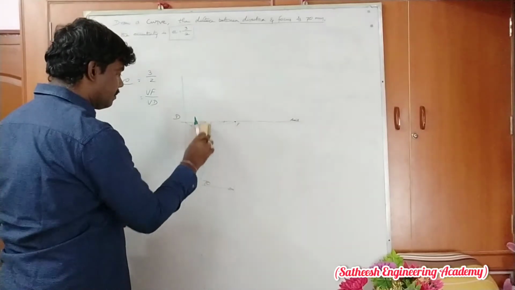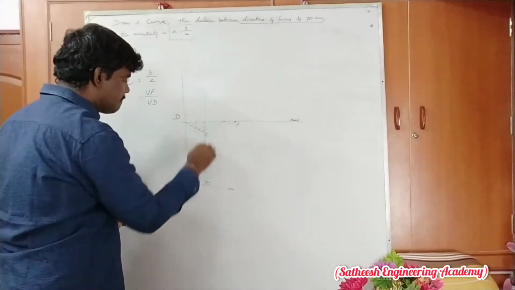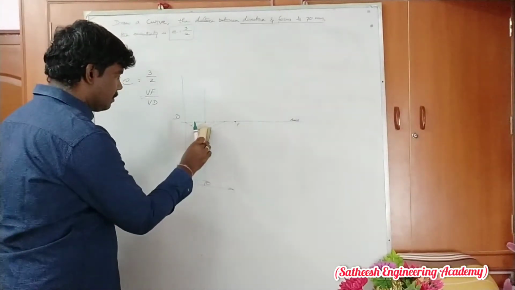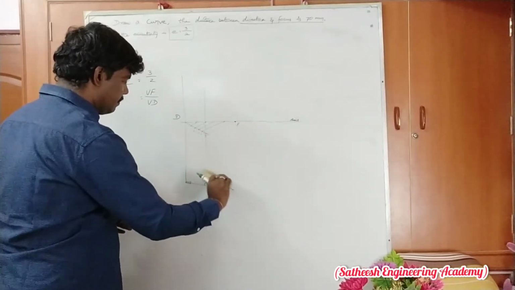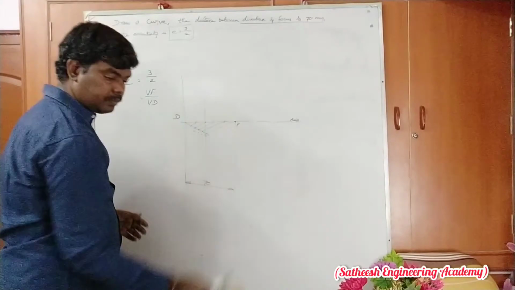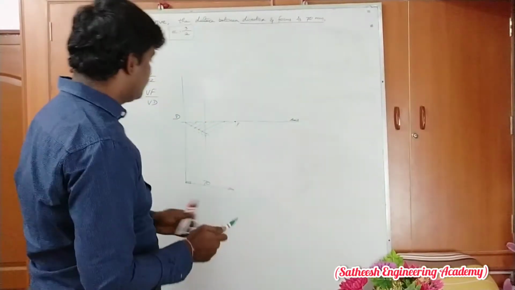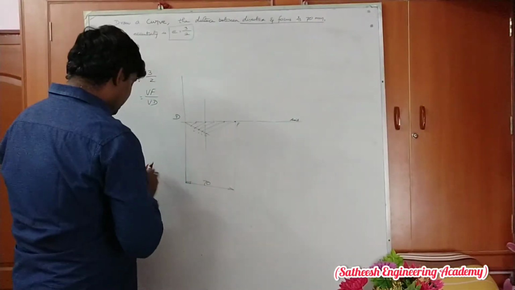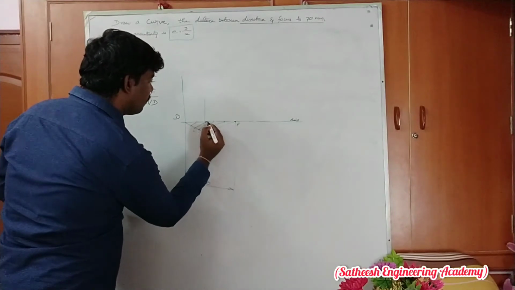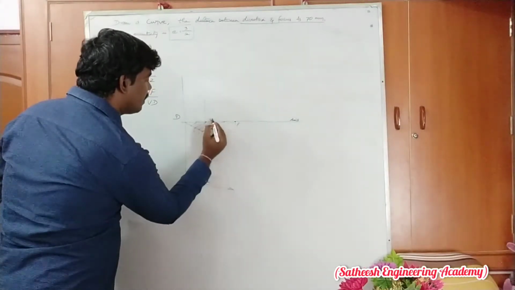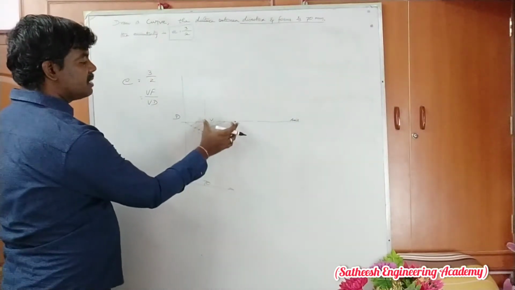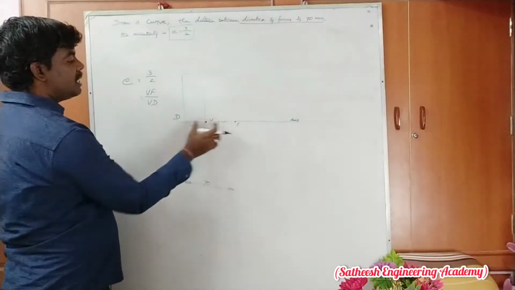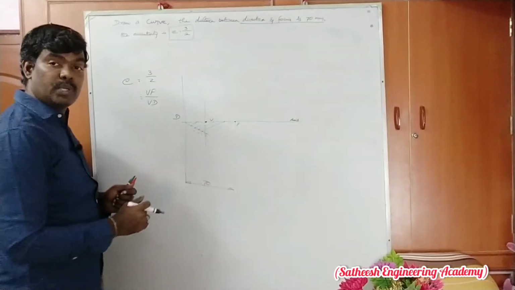Clear? That's one. Clear? And next thing, this point is vertex V. So VF distance is 3 equal parts and VD distance is 2 equal parts.